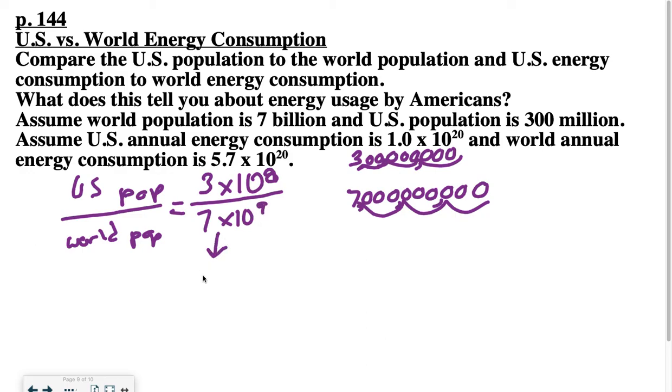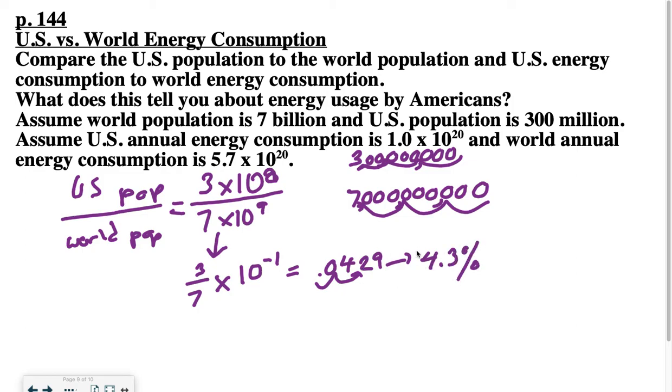When you put this in your calculator, you can do 3 over 7, or a decimal, times 10 to the negative 1st, and you would get 0.0429. So from our last lesson dealing with percents, this is 4.3%. Remember, we moved to the right. So we would say the US population is 4.3% of the world population.